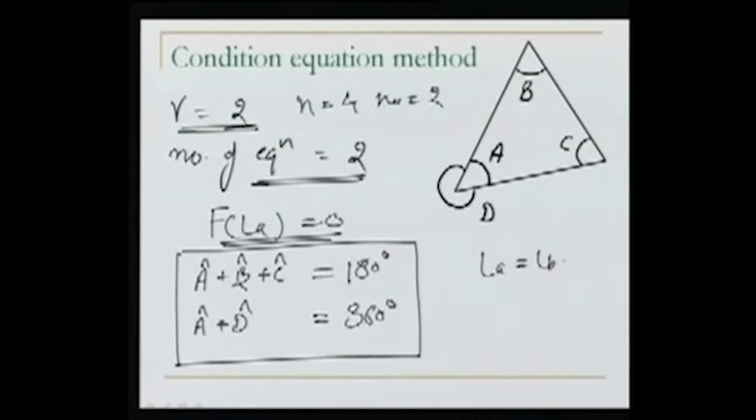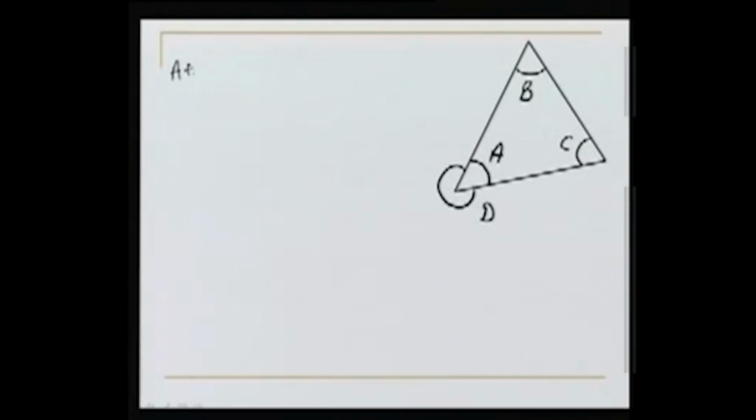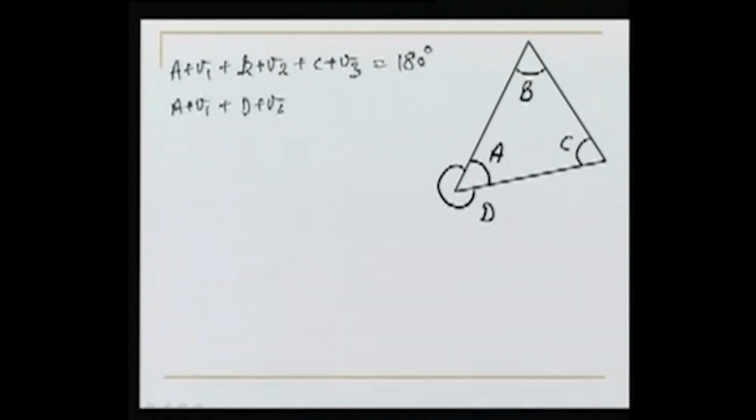Now once we have done it, we replace LA by LB plus V. So let's do it. We can write it as A plus V1 plus B plus V2 plus C plus V3, this is equal to 180 degrees, and then A plus V1 plus D plus V4, this is equal to 360 degrees.